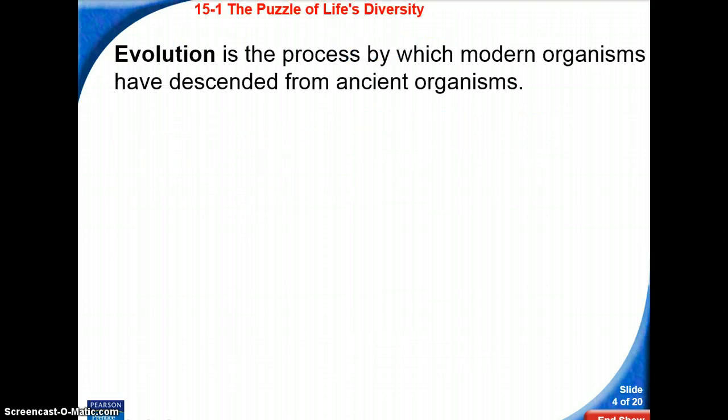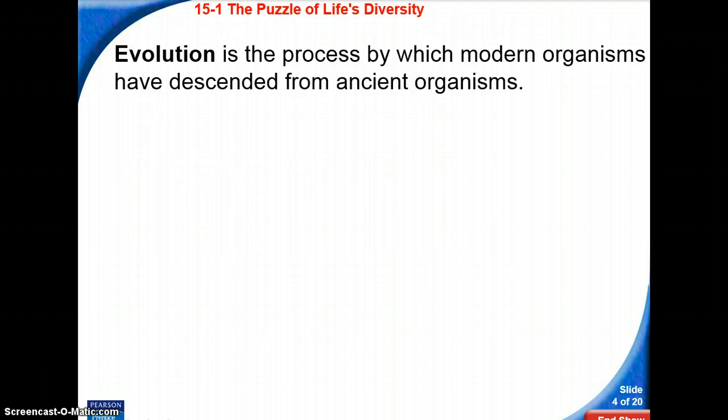Now, starting out with this, there's a couple things that we need to think about. The first thing you need to know is that evolution is the process by which modern organisms have descended from ancient organisms. If you have a certain religious belief and you do not believe in evolution, this is not a religion class.